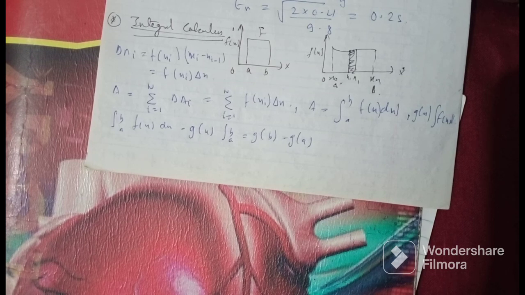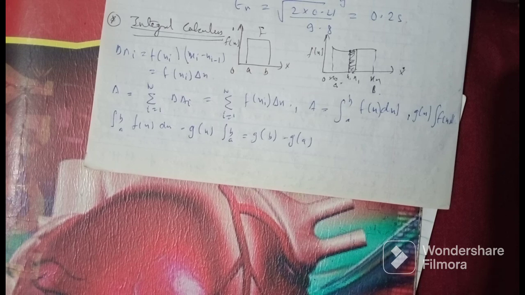As an example, let's suppose f(x) equals x squared and we wish to determine the value of the definite integral from x equals 1 to x equals 2. The function g(x) whose derivative is x squared is x cubed by 3.